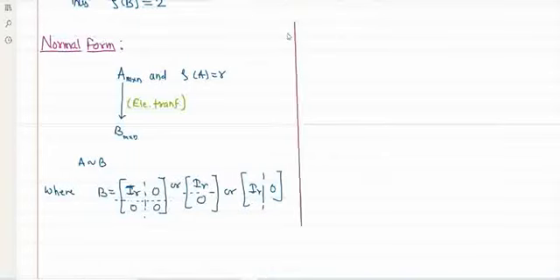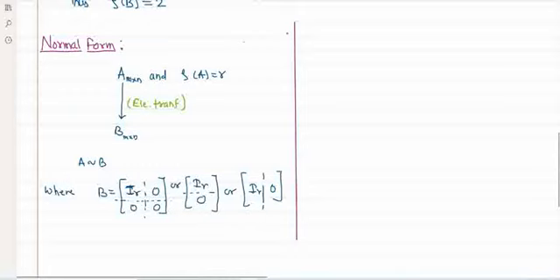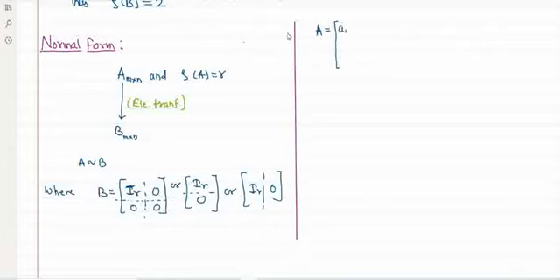Suppose I consider a general matrix A. The first row is a11, a12, dot dot, a1n. Second row is a21, sorry, not a22, a21, a22, dot dot dot, a2n. Now continue.